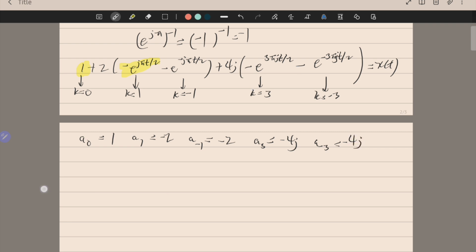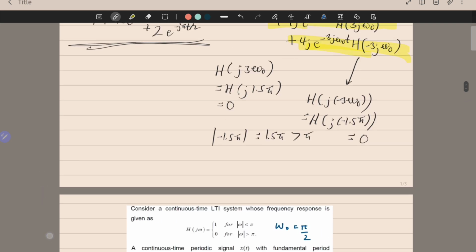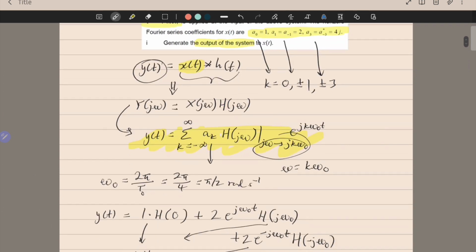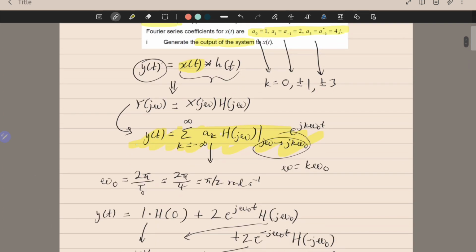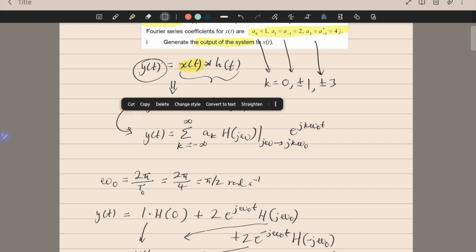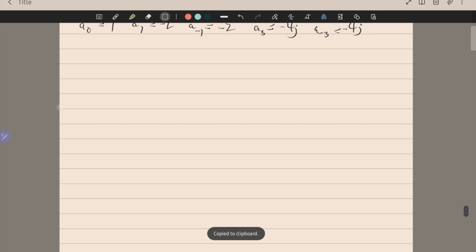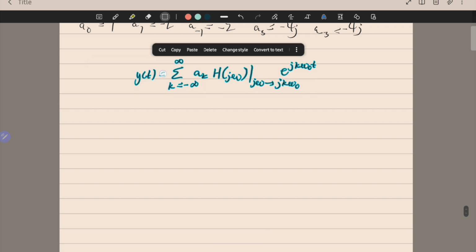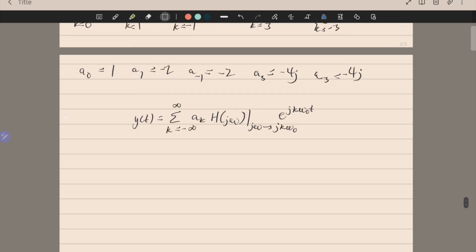Okay, so we just plug this into the formula right here. Let's bring this down, copy that, paste it right here. This is the formula that we're going to use.